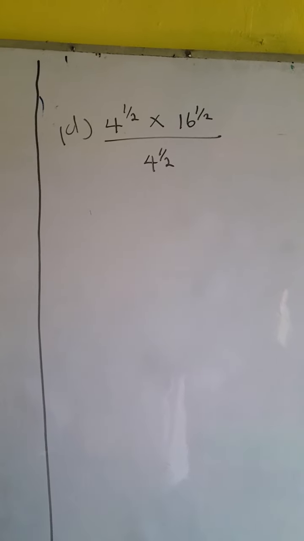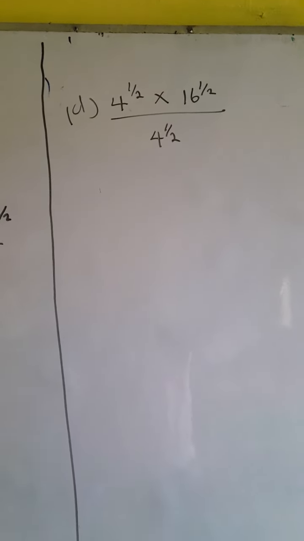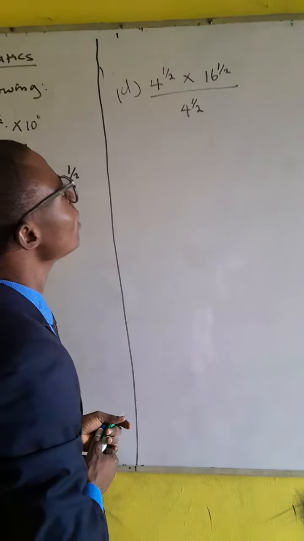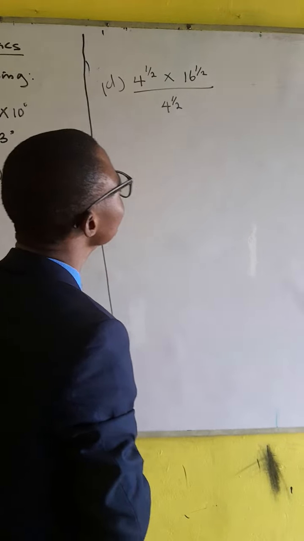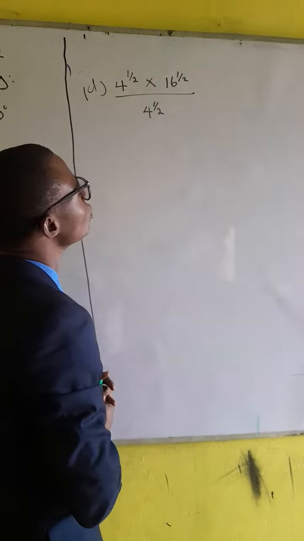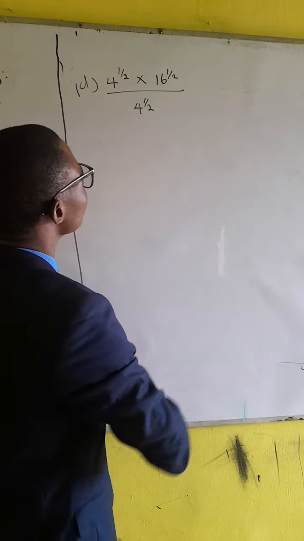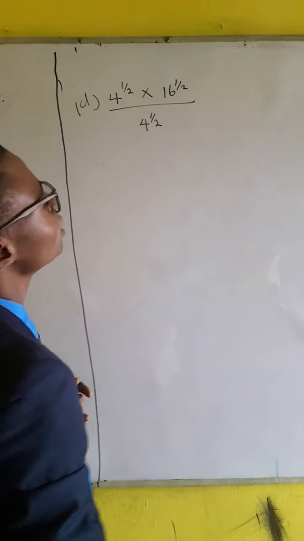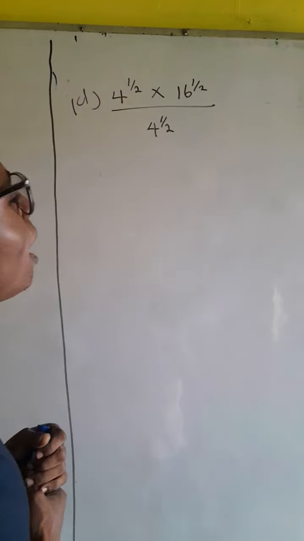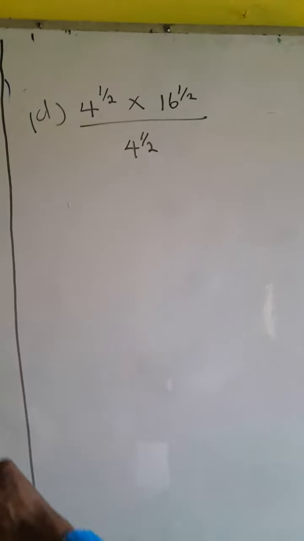Okay. We are going to continue with question number D. Here, 4 raised to the power of 1 over 2 times 16 raised to the power of 1 over 2 divided by 4 raised to the power of 1 over 2. So we are going to apply the same thing we have learned, the root power law, to solve every one of them.